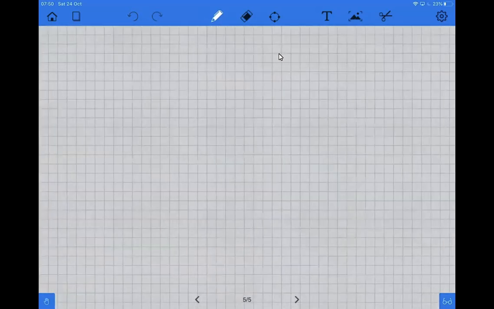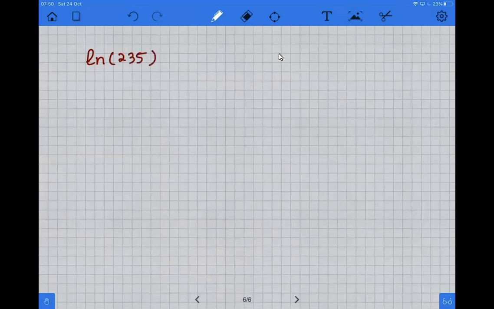For example, if you have natural log of 235 and it is equal to x, it means that 235 will be equal to e raised power x. This is the concept for natural log here.